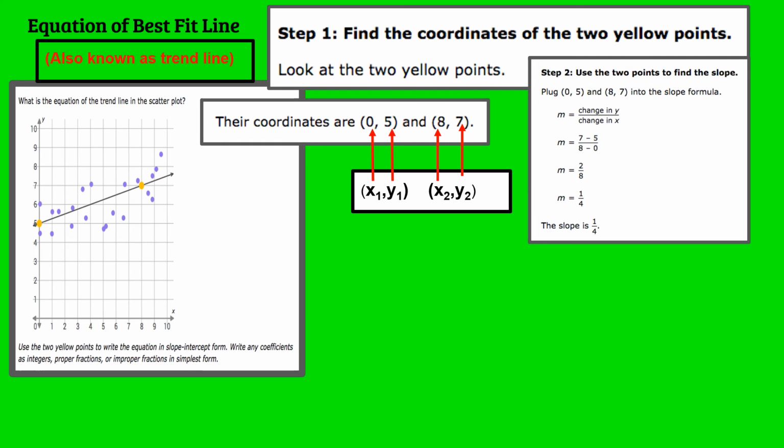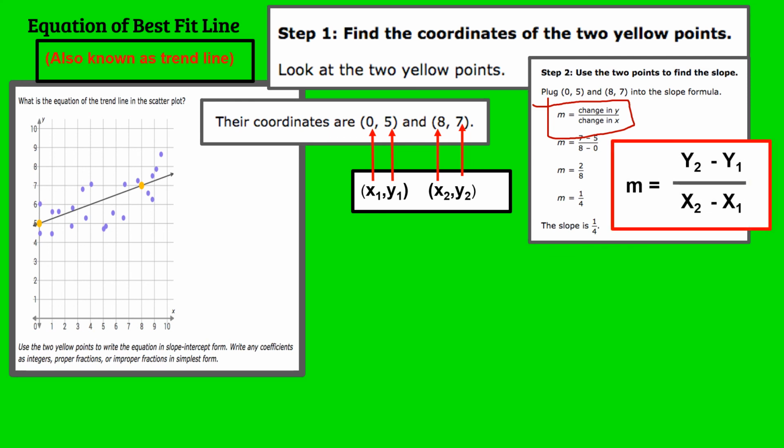Now that we have identified them, we can substitute them into the slope formula to find the slope. Remember that the slope is the change in y divided by the change in x. The formula is y sub 2 minus y sub 1 divided by x sub 2 minus x sub 1 is equal to m, the slope.